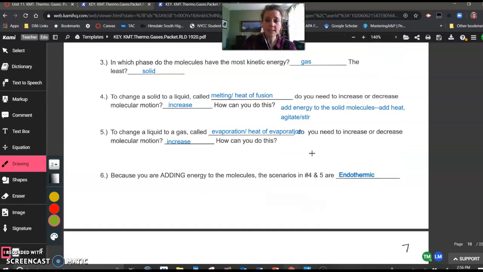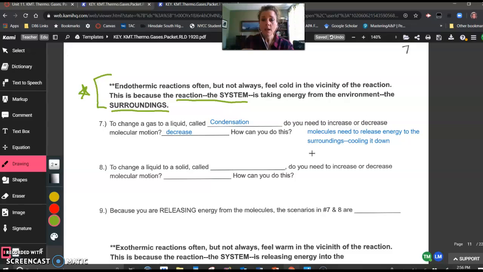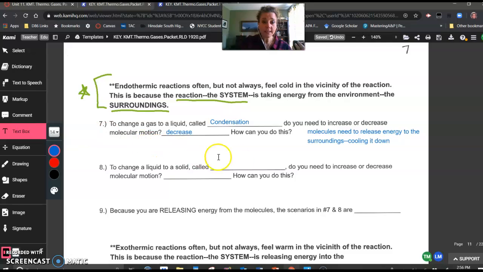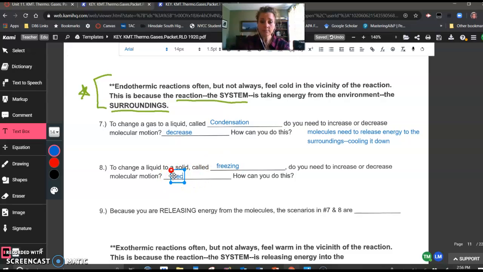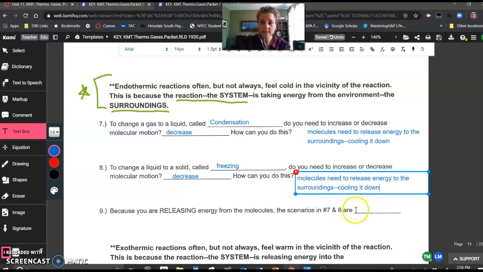And so once again, our molecules are going to need to release energy to the surroundings. So our liquid molecules have to let go of some energy and release it to the surroundings. So this is called freezing. We need to decrease molecular motion. And my answer from the previous question on how we do this is the same.